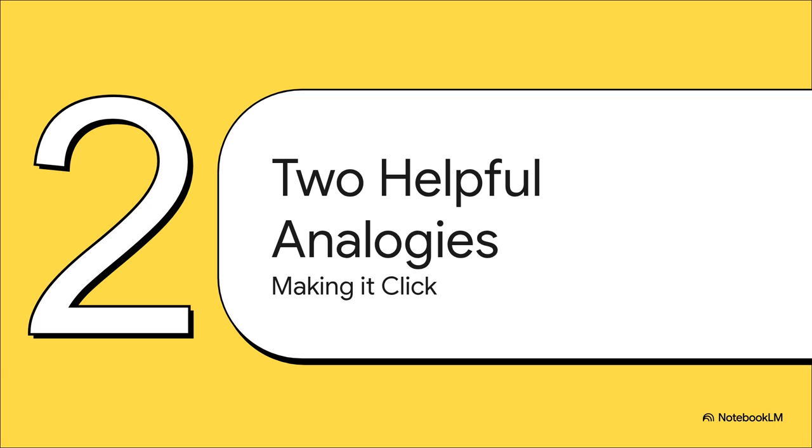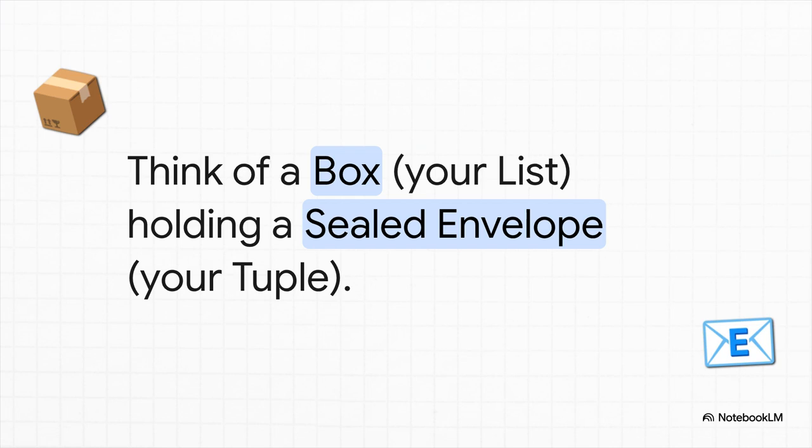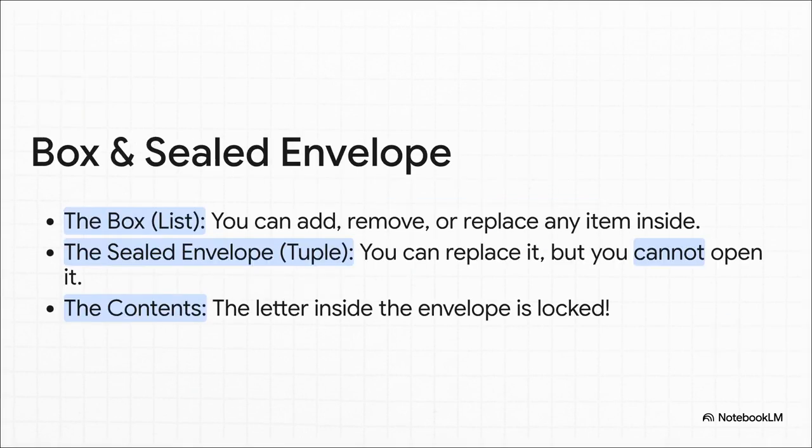Now, rules are one thing, but to really make this concept click, let's use a couple of analogies that I think perfectly illustrate this idea of a mutable container holding an immutable item. For our first analogy, picture a regular old cardboard box, and inside it, there's a sealed envelope. Think of your list as that cardboard box. You can open the box whenever you want, put more things in, take things out, or even swap one thing for another.